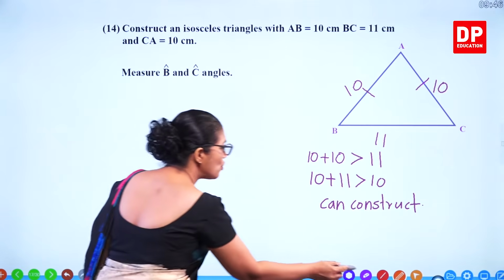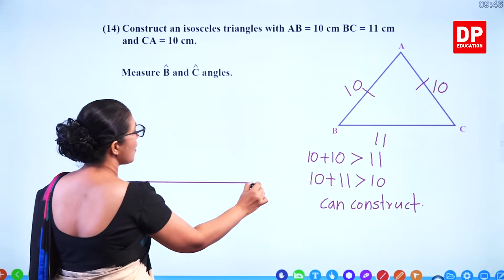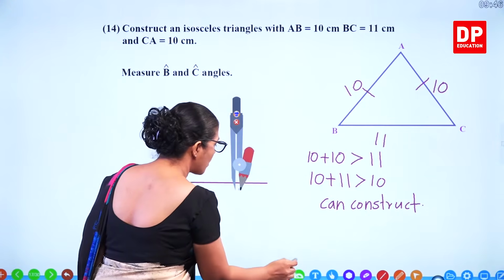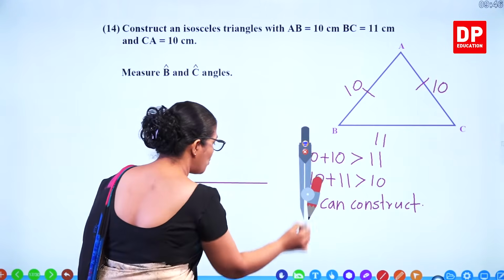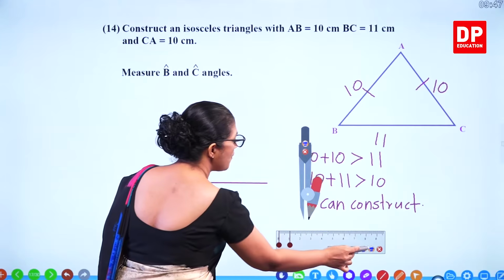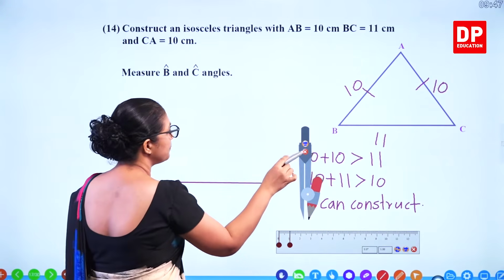What you have to do is take the ruler and draw any length, and take the compass and the ruler. Now we need to measure 11 centimeters first.